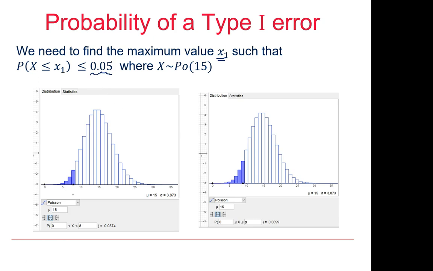If we go up to 8, the probability of getting 8 or less is 0.0374, which is definitely below our 0.05 significance level. If we go up to 9, that's no good because we're exceeding our 5% significance level.